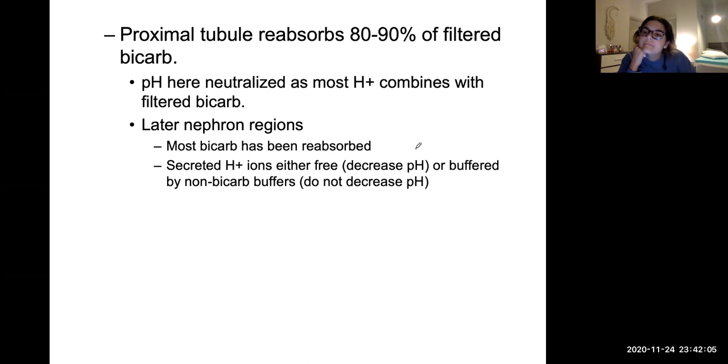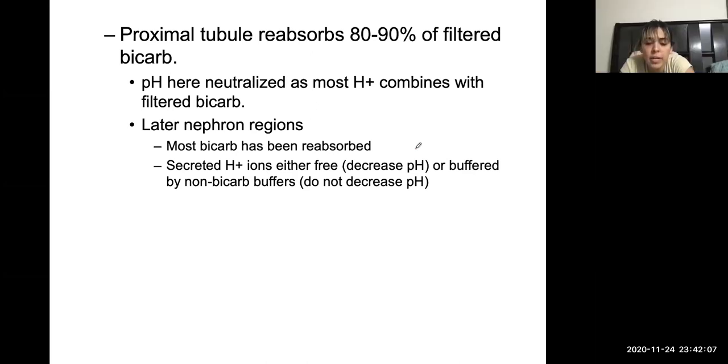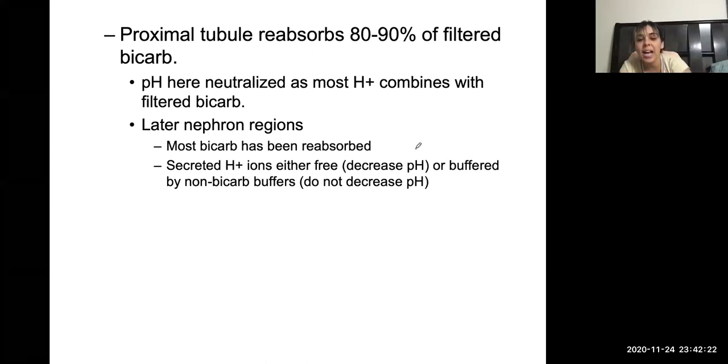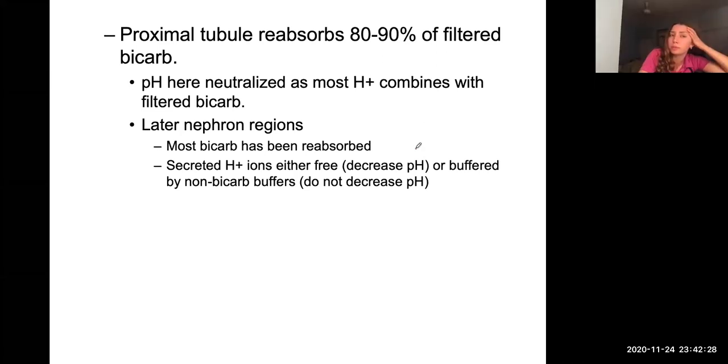So sodium is most reabsorbed in the ascending loop of Henle, because in the descending it's not absorbed. It's also absorbed in the distal portion.